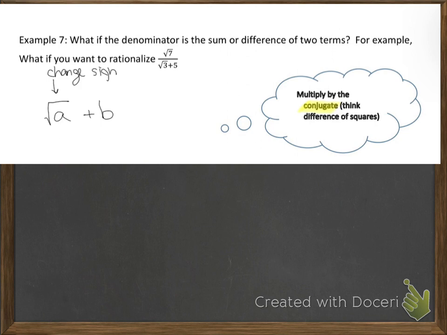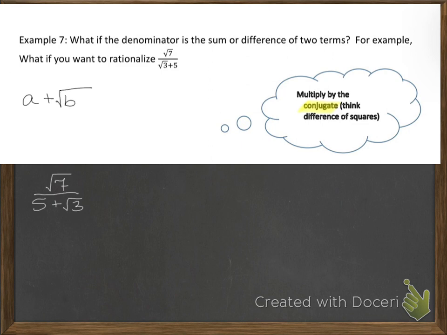Okay, so I think what I'm going to do to make this a little bit more clear is rewrite this as the square root of 7 over 5 plus the square root of 3. I think that'll make it a little bit more clear. So if I have a plus the square root of b, the conjugate of that expression is going to be a minus the square root of b.